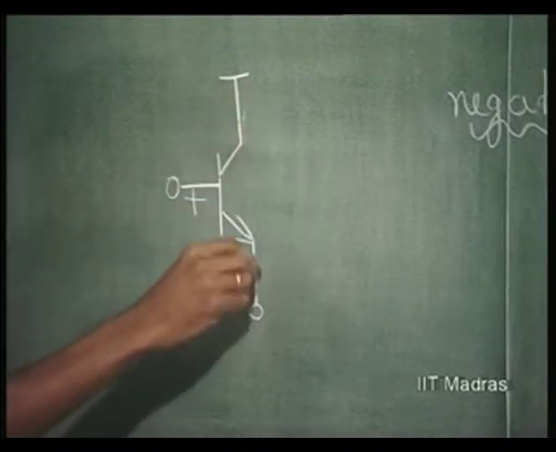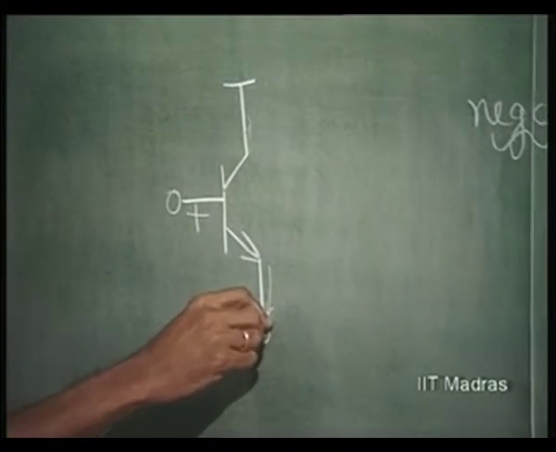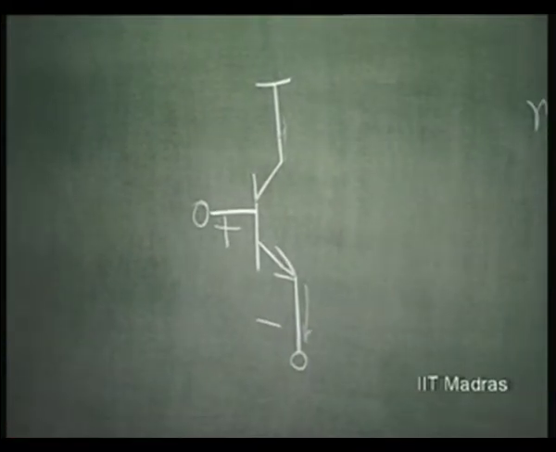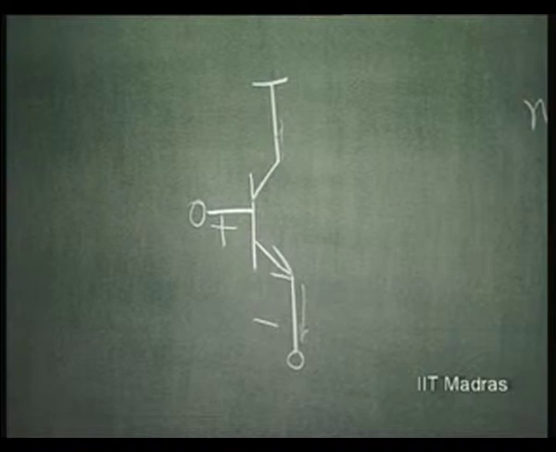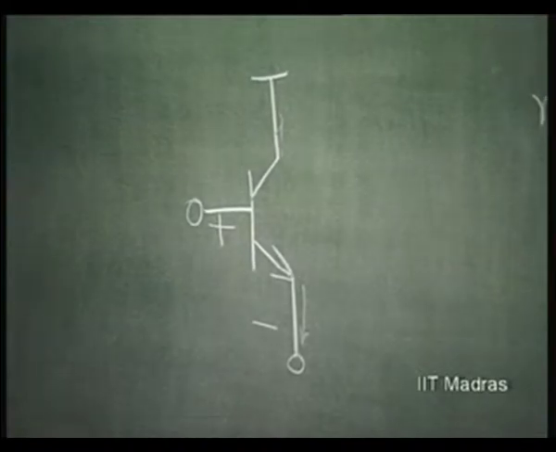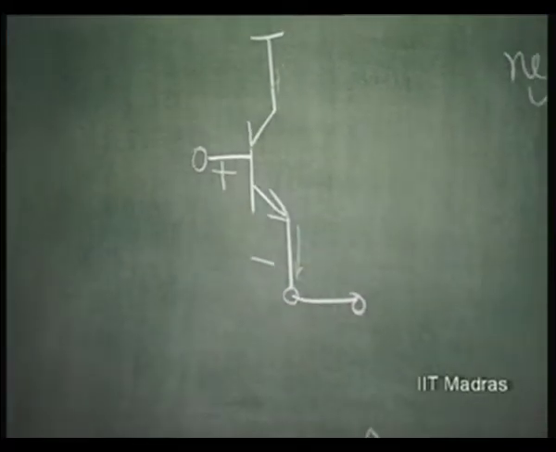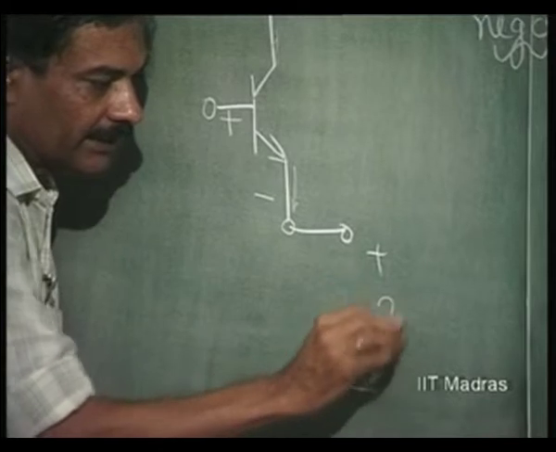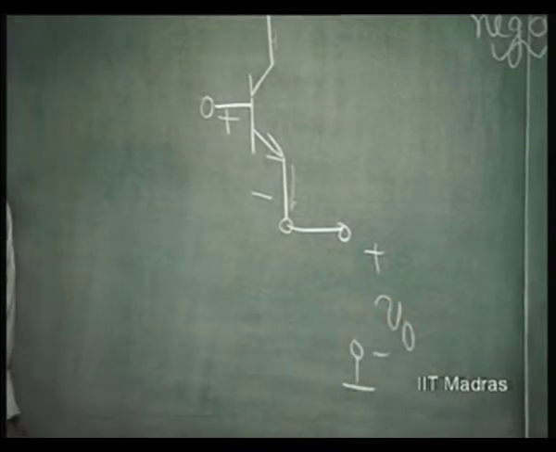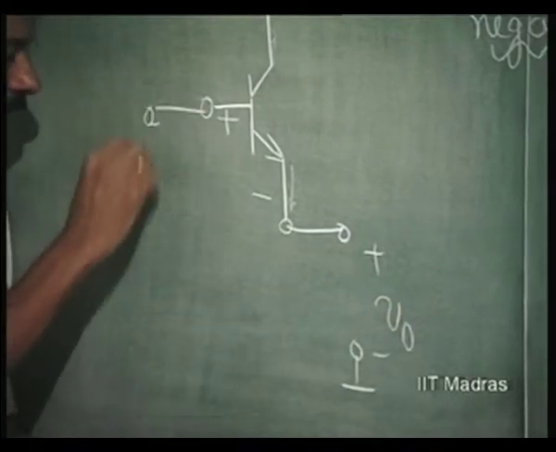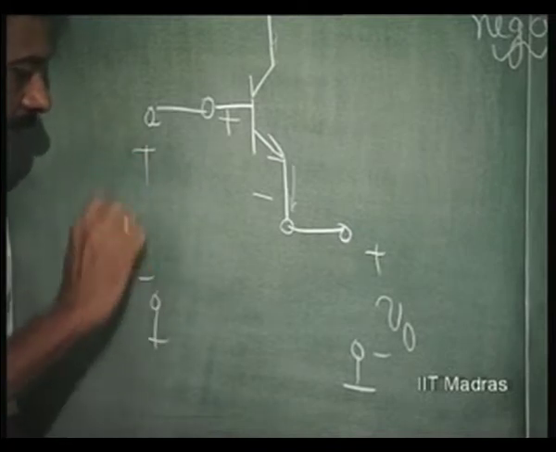But that output current is also available here almost nearly at this point. Please note that. And I want to give complete feedback of the output voltage. That means output voltage, suppose let us say output voltage is taken here, this output voltage is fed back to the input.